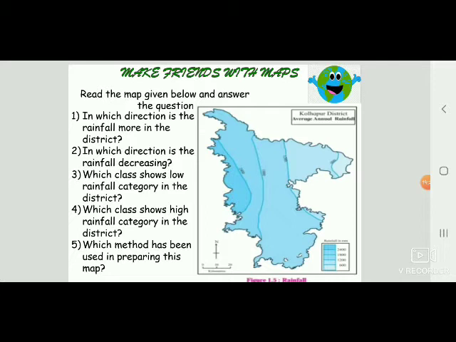In which class shows low rainfall category in the district? By looking at the index, you will come to know the rainfall that falls in a particular category.